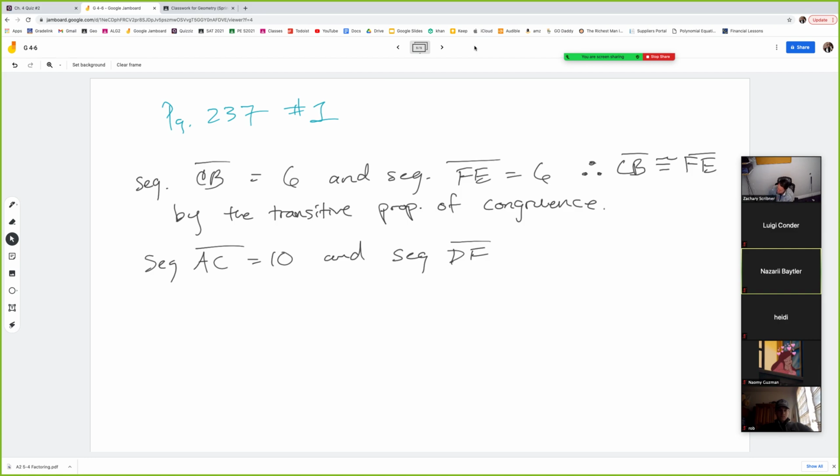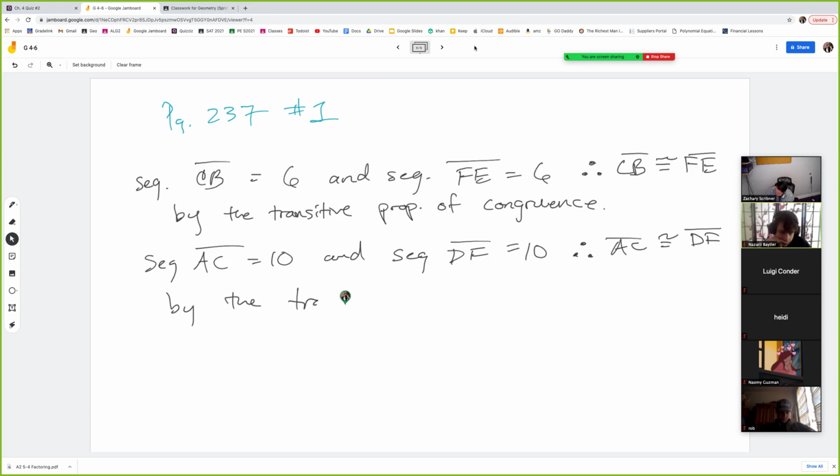Okay, good. Segment DF is equal to 10. Okay. And therefore, AC is congruent to DF by the transitive property of congruence.